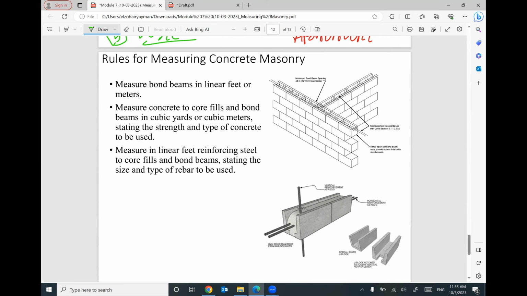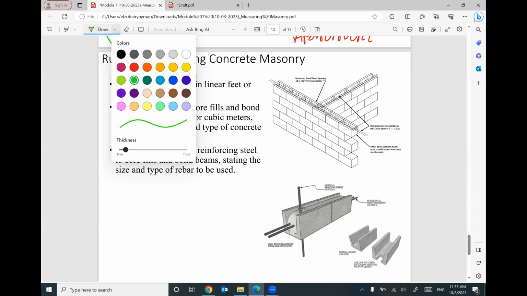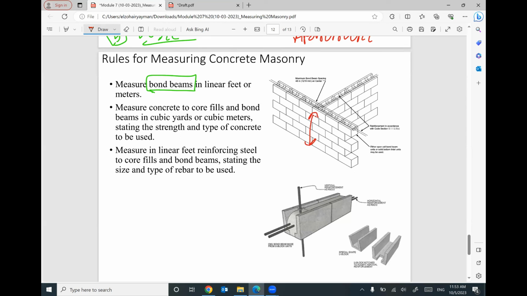Sometimes we have additional cost, because looks like we have additional work that can be constructed for the walls, like the bond beams. Sometimes, if the height of this wall is very high, we will construct at the top, or maybe many times at mid-height, something called bond beams. It's a reinforced concrete beam constructed from concrete and reinforcement.